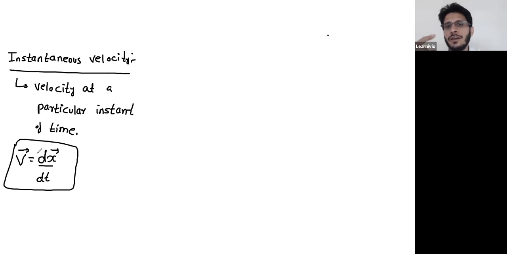In speed there was no direction, but instantaneous velocity is a vector quantity, so direction is involved. Just note it down, then we will move on to the next topic. Done, sir. The next is acceleration.